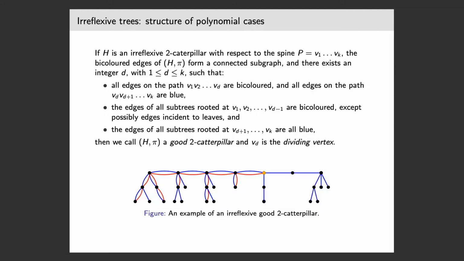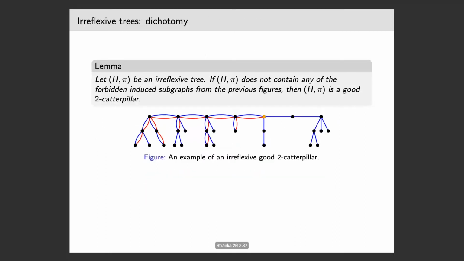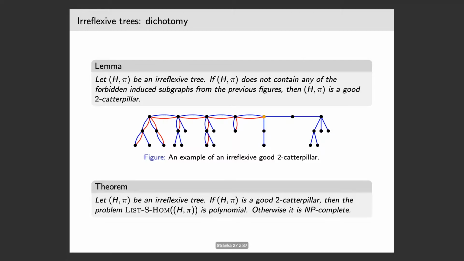We call such graphs good two-caterpillars. We then have a lemma saying that whenever we avoid all the forbidden induced subgraphs we've seen before, the result is a good two-caterpillar. We then conclude with the dichotomy that the list homomorphism problem in this case is polynomial if HP is a good two-caterpillar and is NP-complete otherwise.